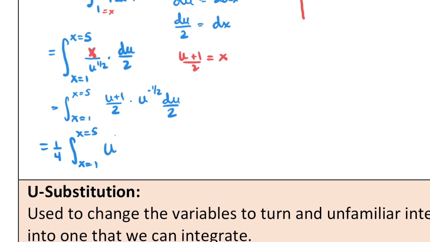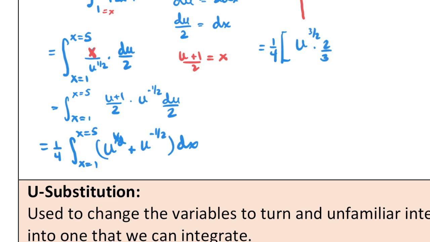I have u to the 1/2 power plus u to the negative 1/2 du. All right, so this is equal to 1/4 times u to the 3/2 multiplied by 2/3 plus u to the 1/2 times 2 over 1.